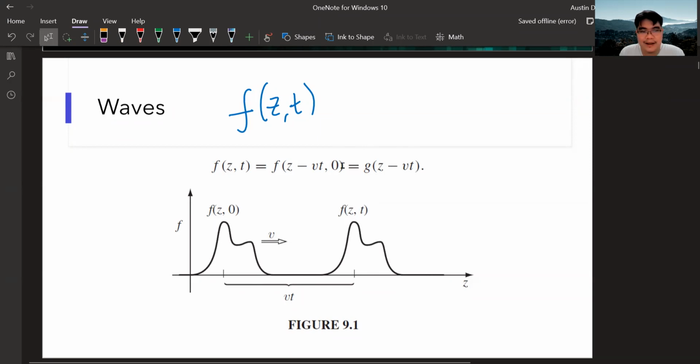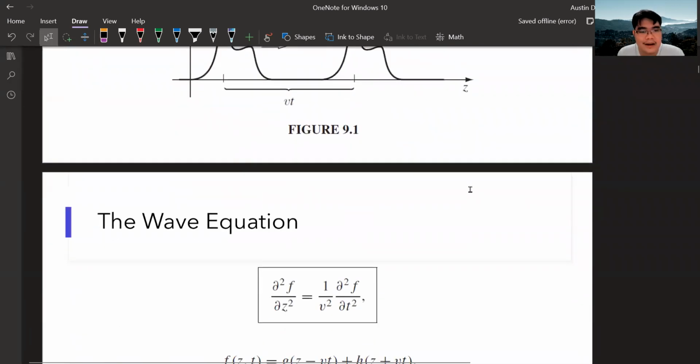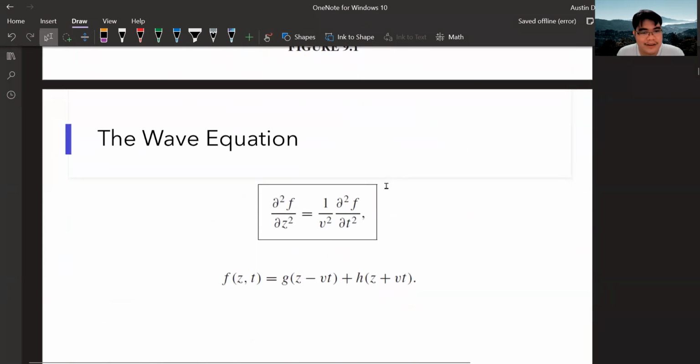Kung gusto mong eliminate yung second, plug in na t is equal to 0. So ayan, repetitive yung waves mo. You have that. And we know that waves are guided by the wave equation. So whatever this equation spews out, ang lalabas doon would be a wave.